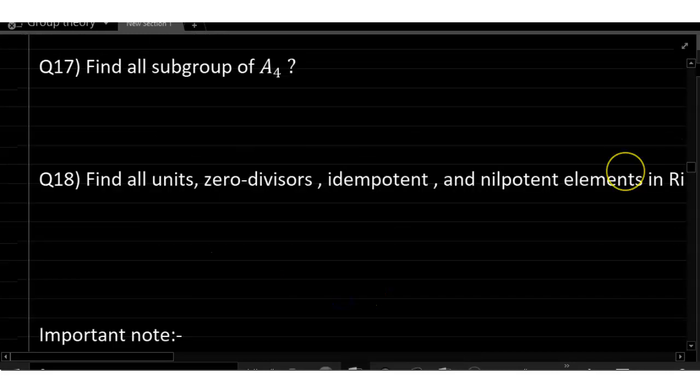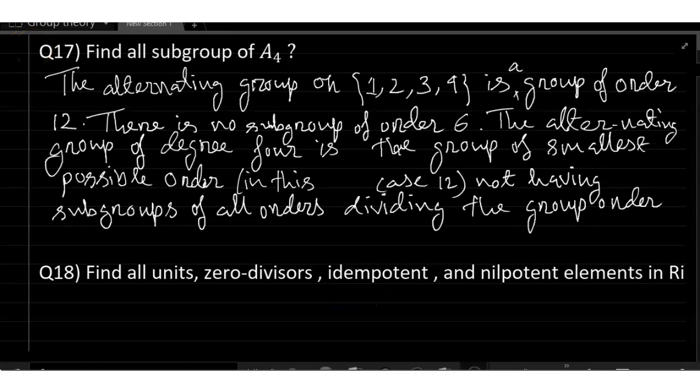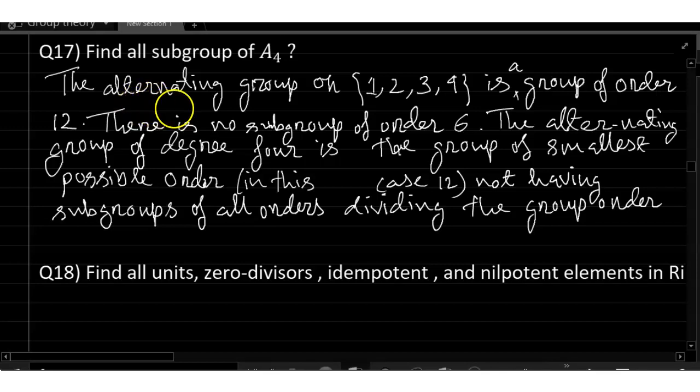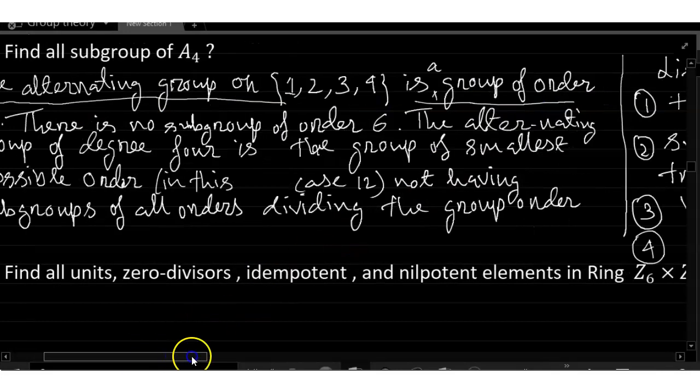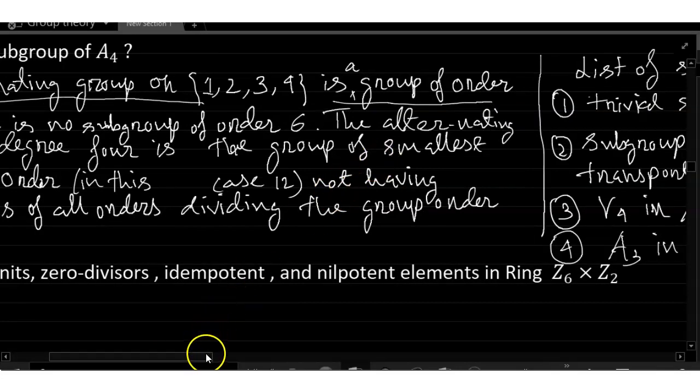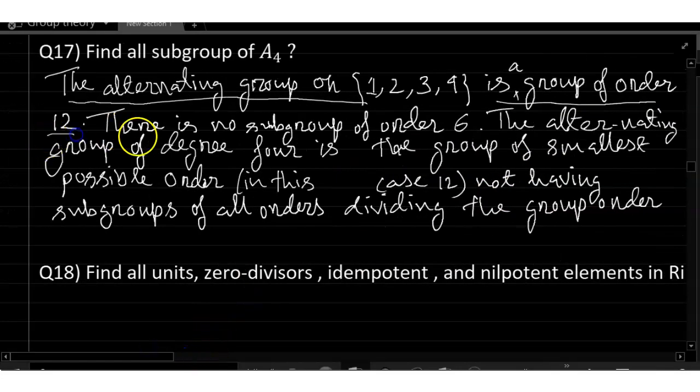Find all subgroups of A4. The alternating group on 1, 2, 3, 4 is a group of order 12. There is no subgroup of order 6.